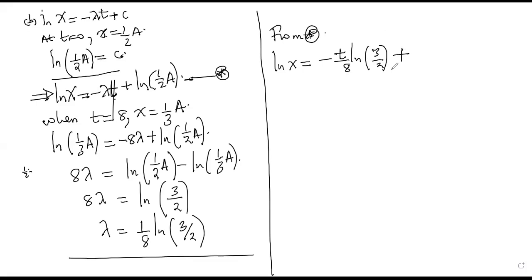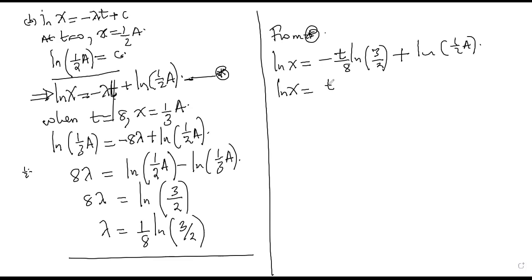plus ln a half a. I guess my substitution is correct. And so in this particular case, I can as well write ln x, because I want to avoid negative here.